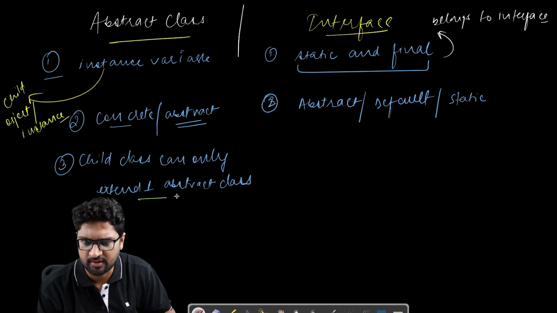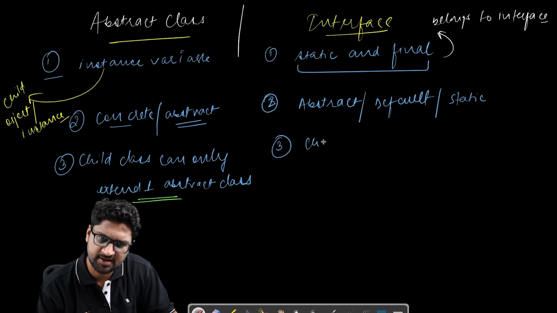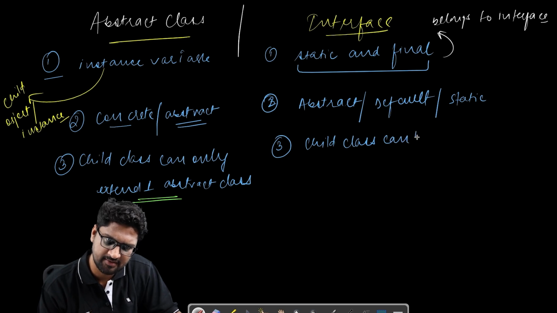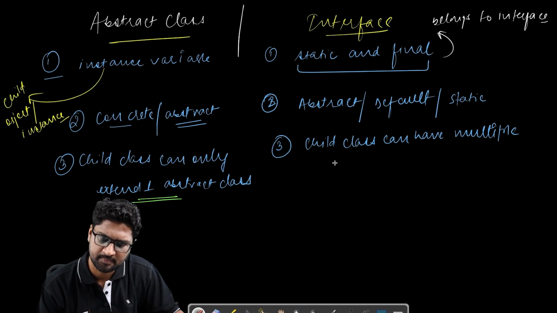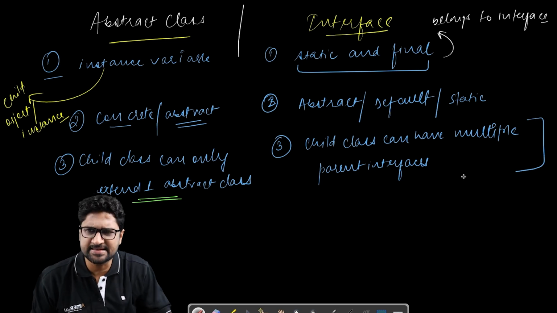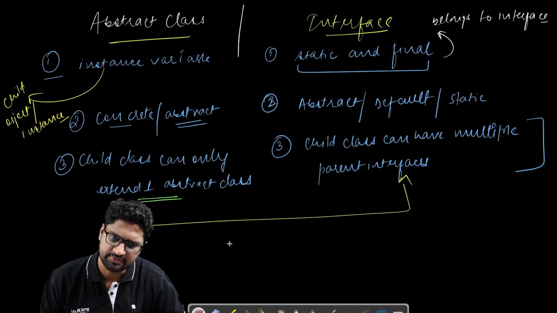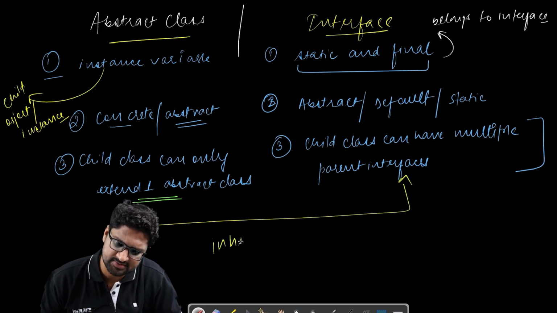On the other hand, a child class can have multiple parent interfaces. We're going to see that in action with an example when we talk about inheritance sometime from now.